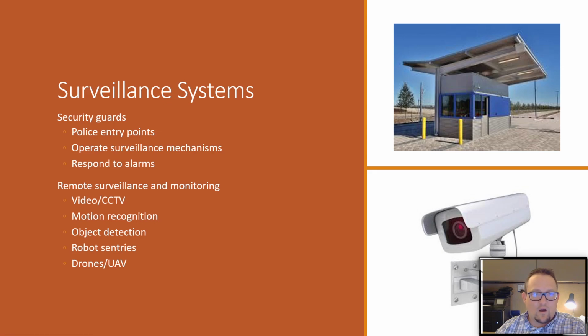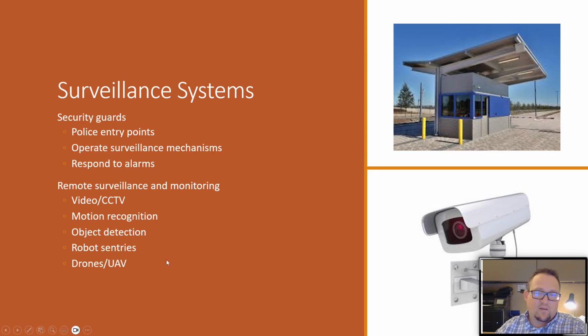Continuing on with our physical aspect, we can go on to surveillance systems. Surveillance systems are essential for helping monitor and protect facilities and assets and even people from threats. These systems use cameras or sensors or other technologies to deter unauthorized threats.